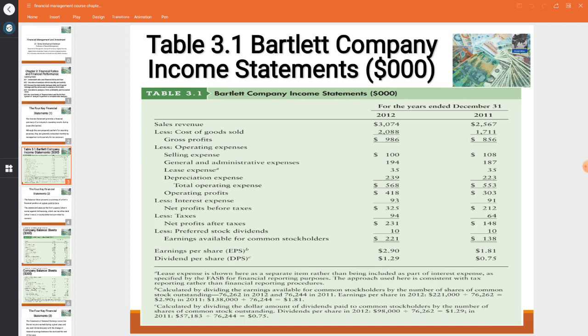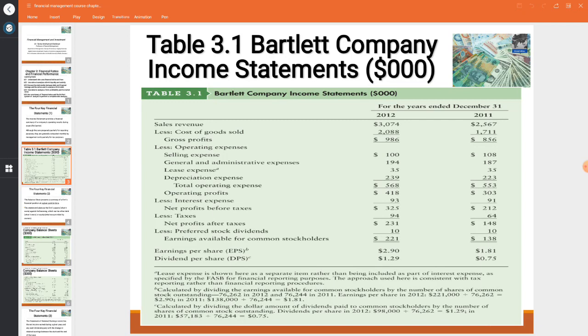The sum of those operating expenses, total operating expense, will be subtracted from our gross profit to get what we call operating profits. Sometimes it's called EBIT, earnings before interest and taxes. But either you describe it as operating profits or as earnings before interest and taxes.